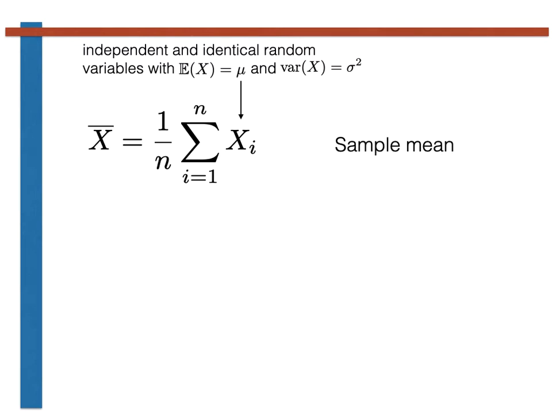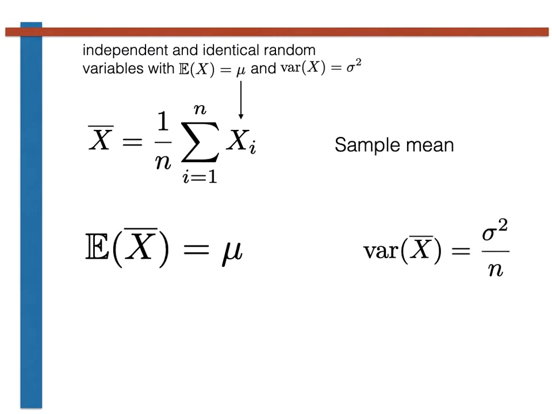We have seen that the expectation for the sample mean x bar is equal to mu, because all the random variables are independent. In other words, the expectation for the sample mean is equal to the expectation for the underlying random variables. In addition, we know that the variance of x bar is equal to sigma squared divided by n because all the random variables are independent.